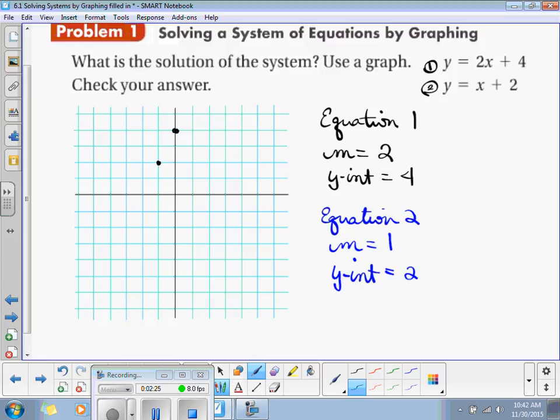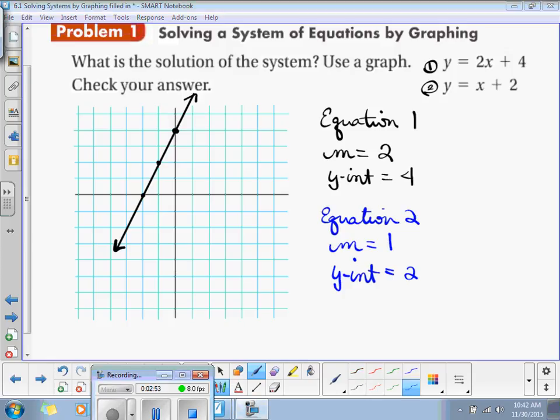Remember, it's positive, right? So here is the graph of your equation. And don't forget to put your arrows on there.